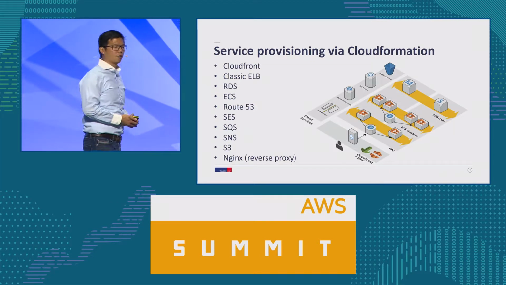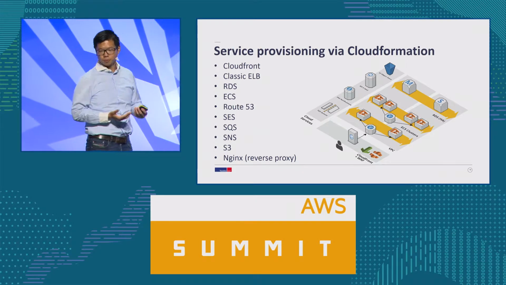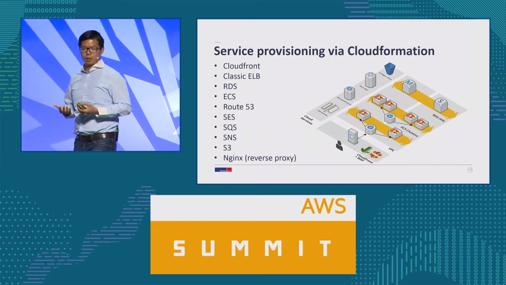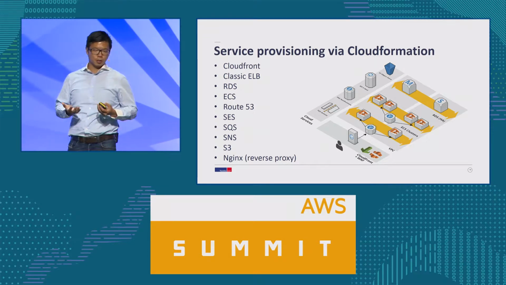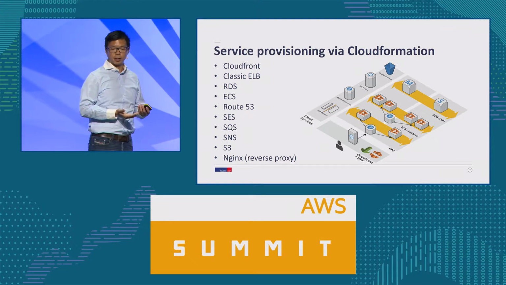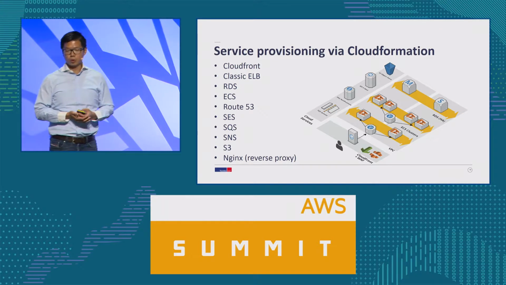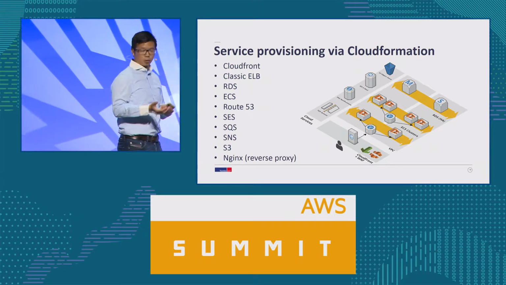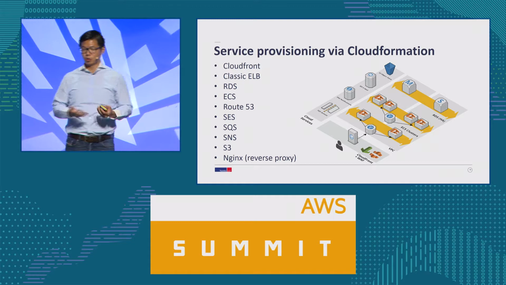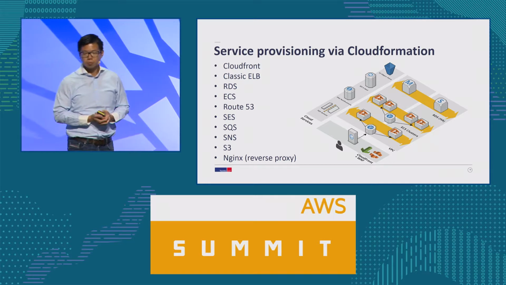So here is a high-level view of how we provision our services. As you can see, we use a number of AWS services. We use cloud services like SQS, SNS, SES, and the S3 object store. We also have CloudFront as our CDN, coupled with our WAF, which defines our WAF rules to allow traffic coming in.